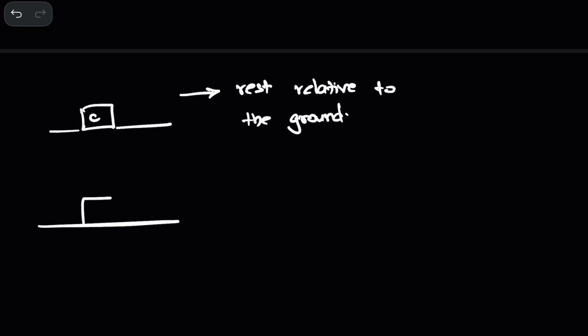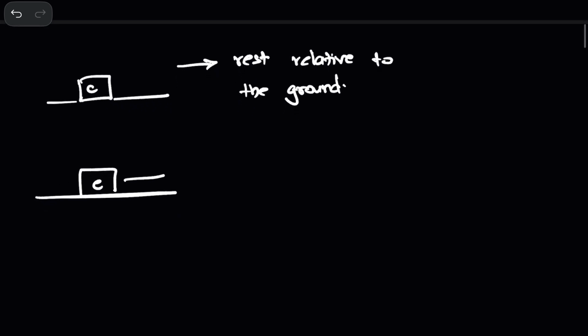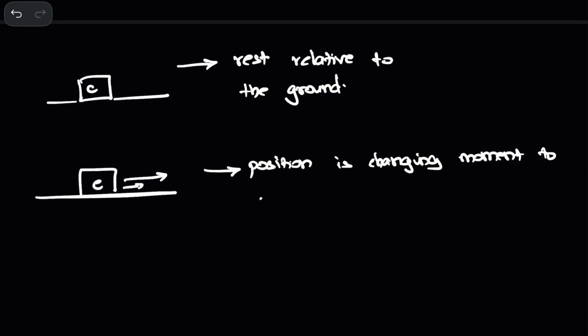Now I assume that my car is exhibiting some kind of movement. It's moving in this direction. The position of this moving car is changing from moment to moment, and kinematics studies that change.